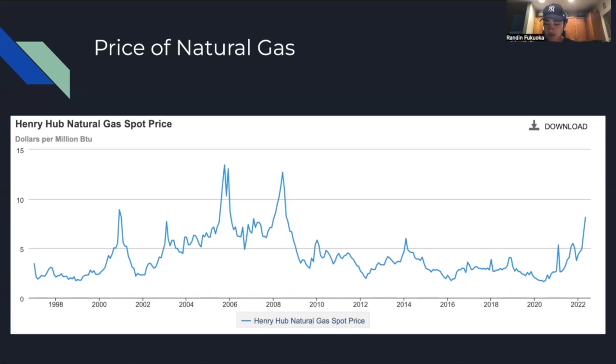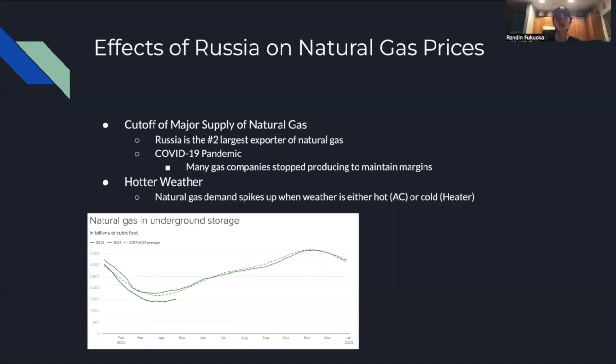And I just want to cover the factors that affect natural gas prices, which include, of course, the supply, amounts in storage, and natural gas imports and exports.